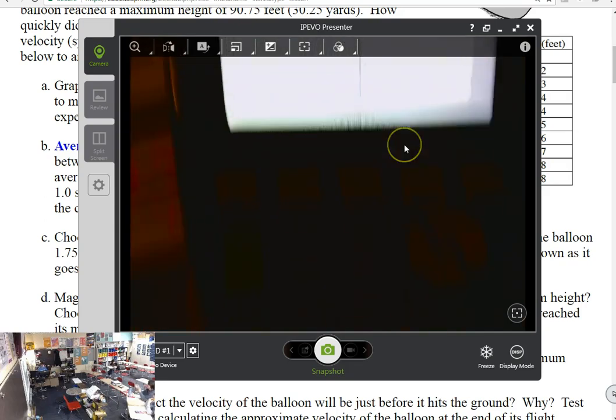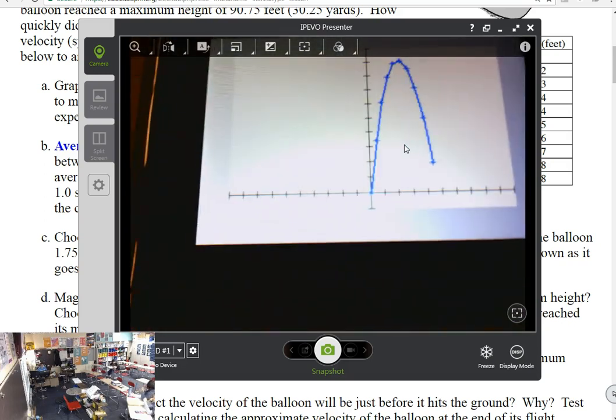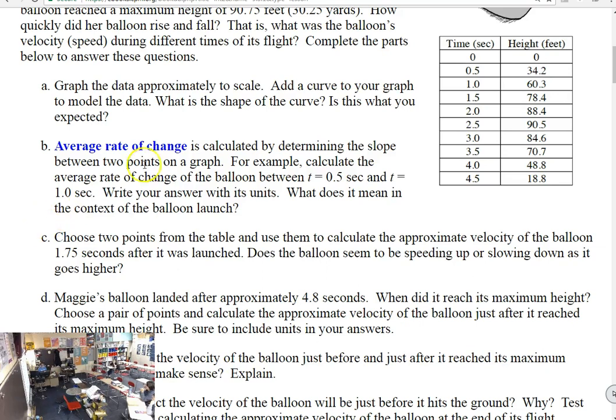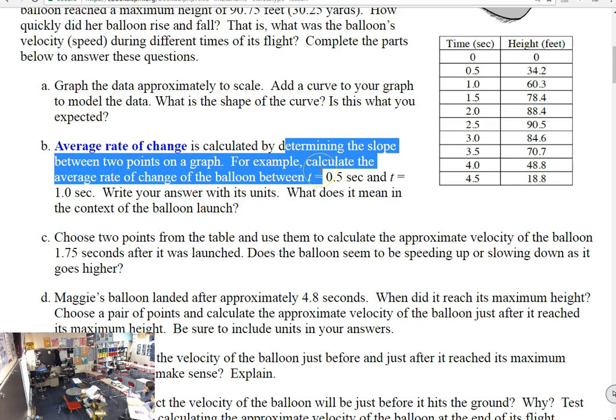Gravity. Right here is the point where gravity has won the fight, right? It slowed it down all the way up here, stopped its acceleration, and turned it around, pulling it back down to Earth. So when we discuss average rate of change, we determine the slope based off two.